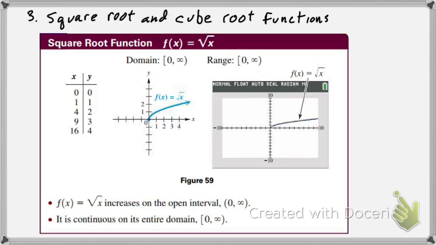Let's look at square root. Look at the picture. Just based on that, could you tell what the domain is? Just based on that, could you tell what the range is?